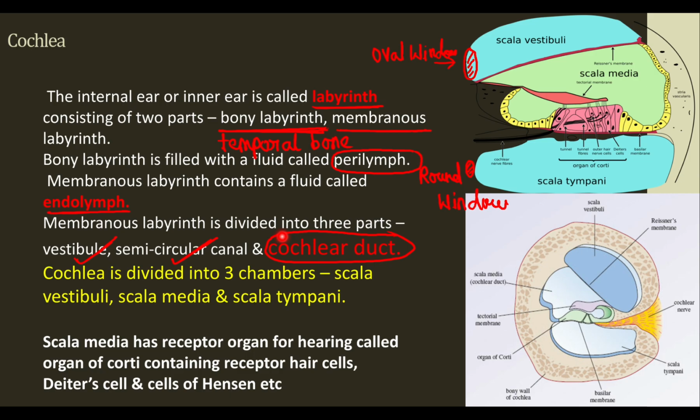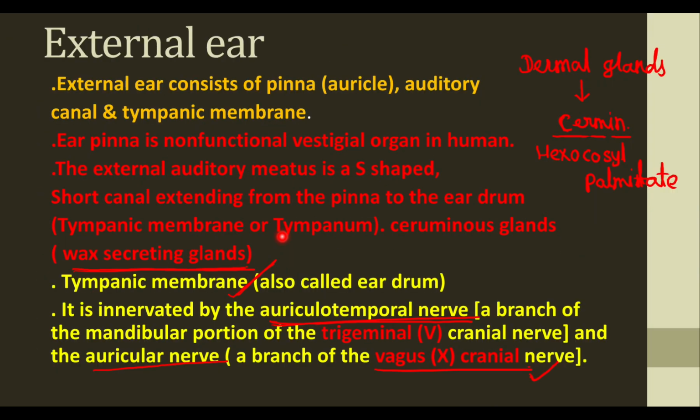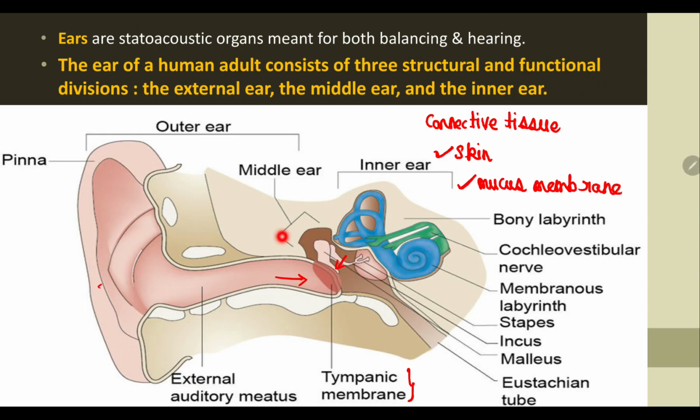We have the malleus, incus, and stapes in the middle ear. The cavity present in the middle ear is called the tympanic cavity. When a sound wave enters our ear, the ear pinna takes that sound, and the sound wave comes to the external auditory canal and causes vibration in the tympanic membrane.